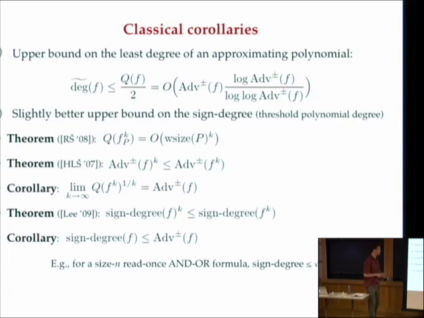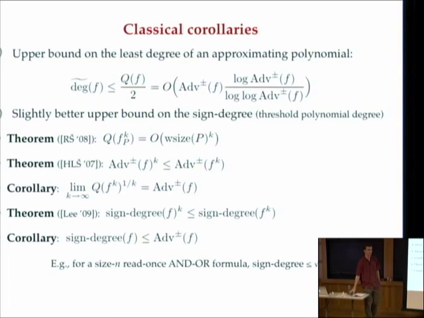And now if you plug in Lee's theorem that says that the sign degree is supermultiplicative under composition, that gives you exactly what you want. So the sign degree is less than the approximate degree, which is less than the adversary bound. Sign degree is just the lowest degree of polynomial that agrees with f in sign.